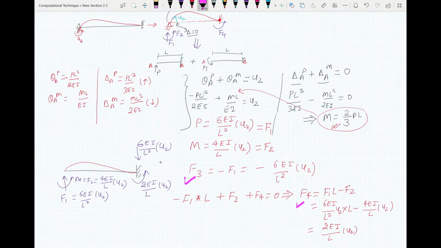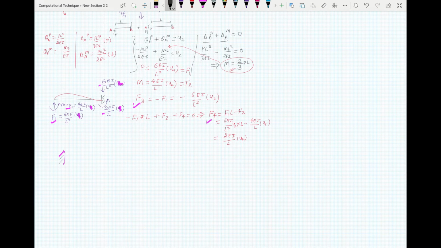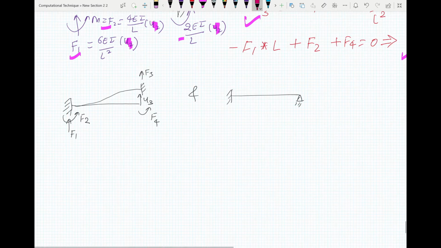So here we know the effect of U2, that is the second degree of freedom, on all the other degrees of freedom. Now similarly, you can do similar cases for U3. It will look something like this, where you are applying U3 and you have to obtain your F3, F4, F1 and F2 for this case, and you have to obtain your forces for this case as well.